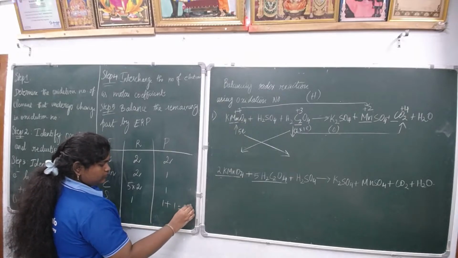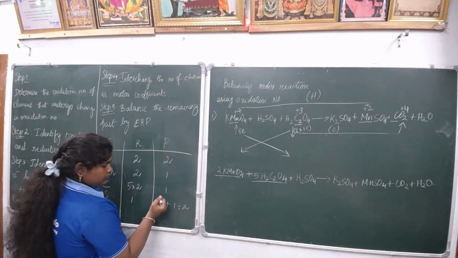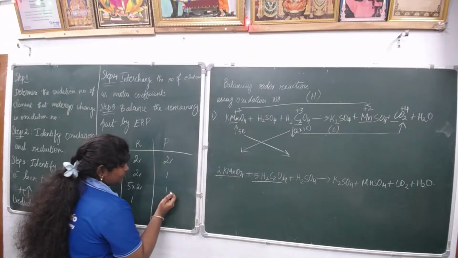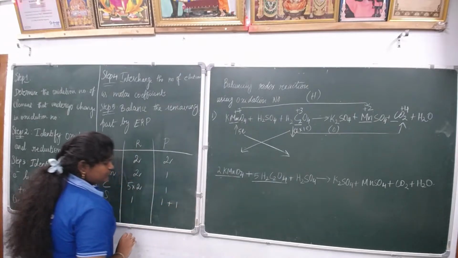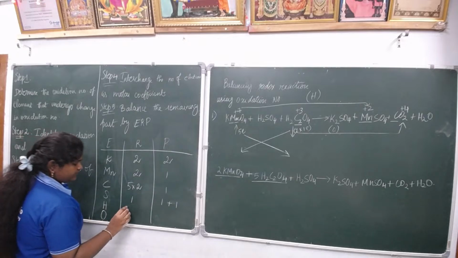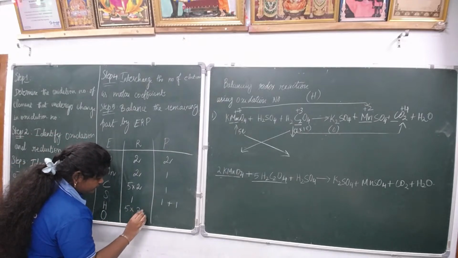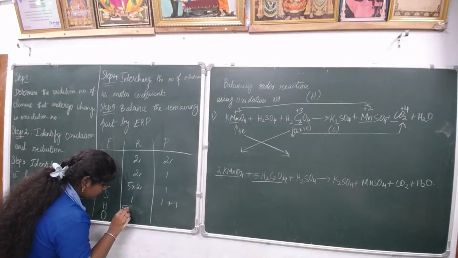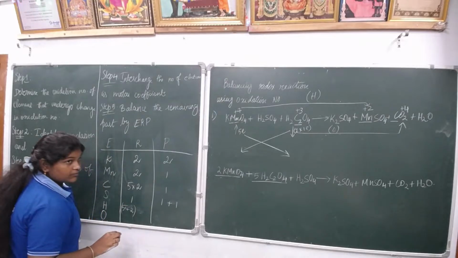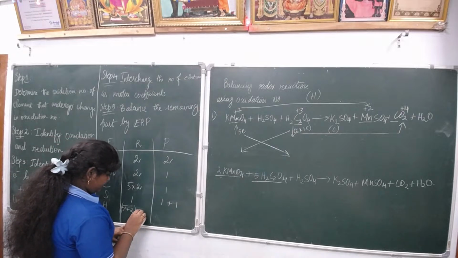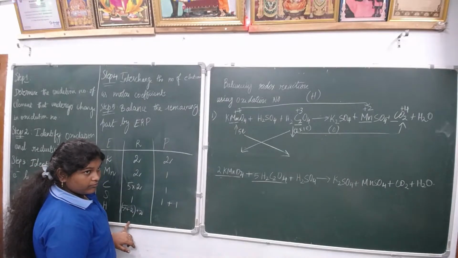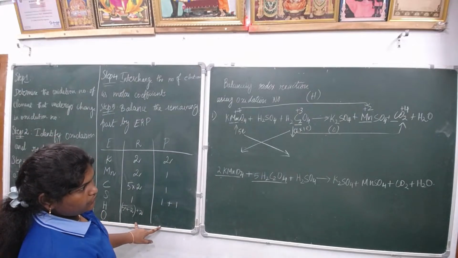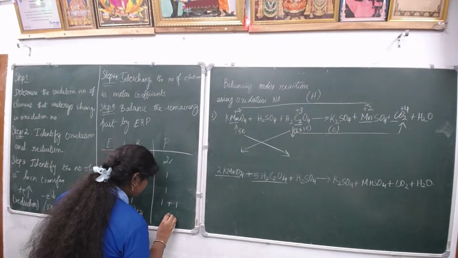Now leave some gap. You cannot put 2 immediately. Put 1 plus 1. Then hydrogen, how many hydrogen? 5 into 2 hydrogen. Am I right? Plus, put bracket, then plus 2 hydrogen in sulfuric acid. Is it not? So 5 into 2 plus 2. Then what about the other side? You have only 2 hydrogen in water.